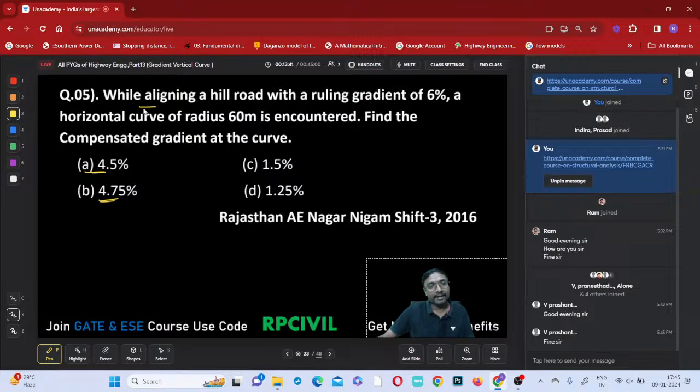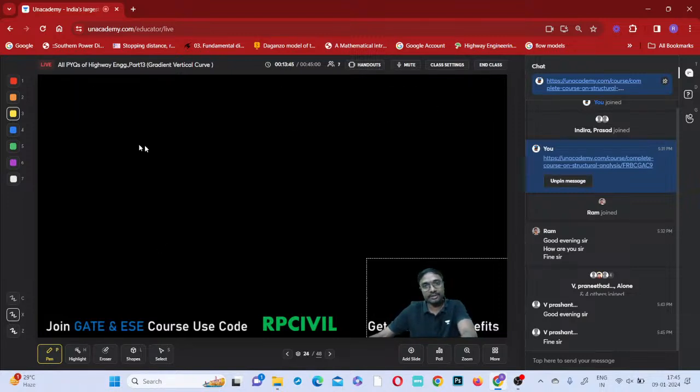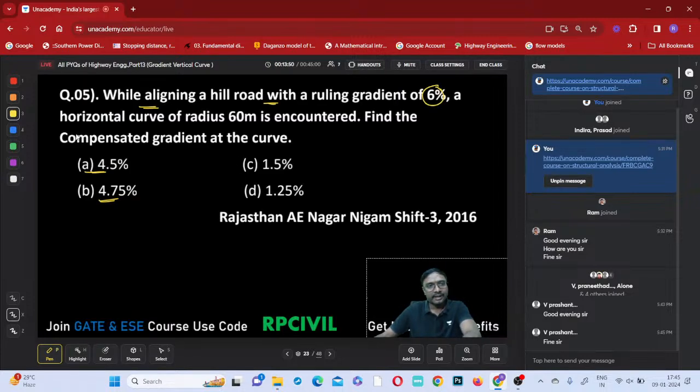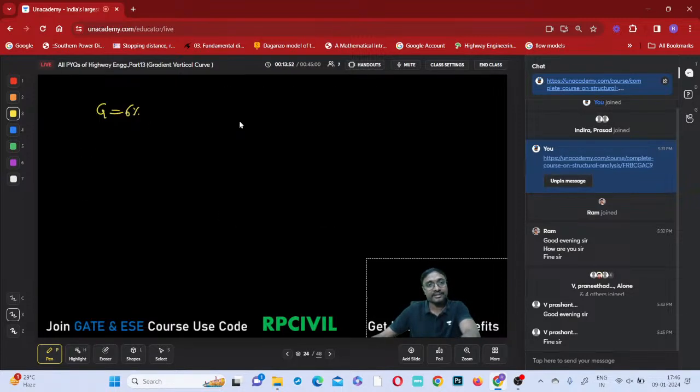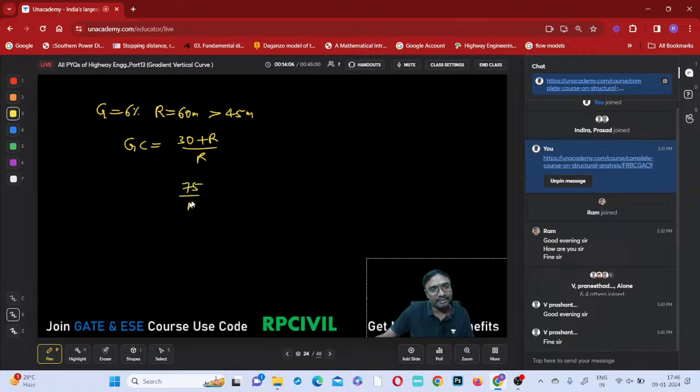Right. While aligning a hill road with a ruling gradient of 6%, right? What is it? You can say that the ruling gradient will be 6%. The horizontal curve is of radius 60 meters. So radius 60 meters is greater than 45 meters, which grade compensation formula do we have to use? First formula or the second formula? The first is 30 plus R by R, and the second one is 75 by R, right?